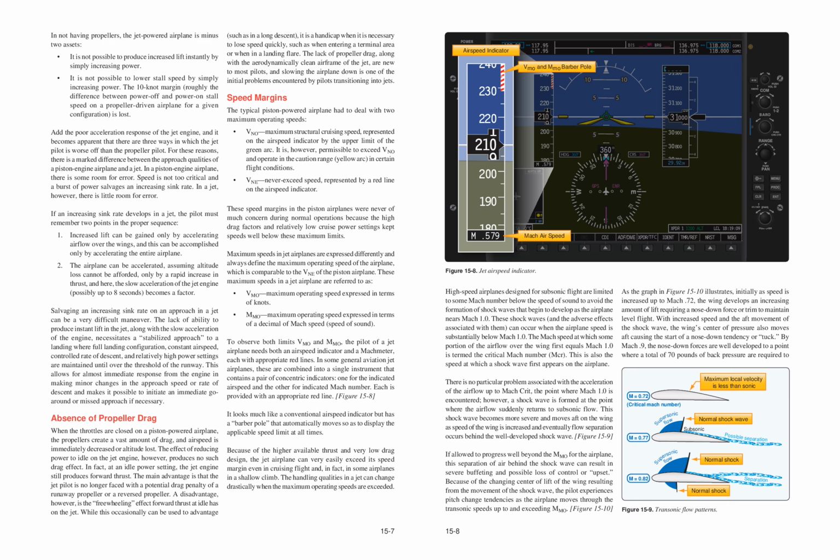Maximum local velocity is less than sonic. Normal shock wave. Subsonic. Possible separation. Normal shock. M equals 0.72, critical Mach number, sonic, subsonic flow. M equals 0.77, sonic, subsonic flow. M equals 0.82, separation, normal shock. Figure 15.9. Transonic flow patterns.